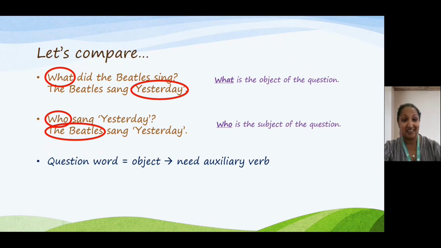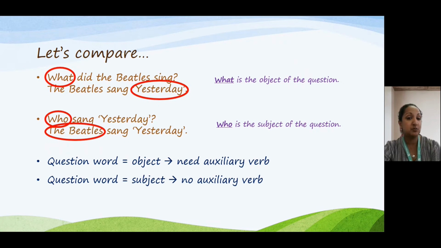So basically, if your question word is the object of the verb used in the question, you need an auxiliary verb. If the question word is the subject of the question verb, you don't need an auxiliary verb.